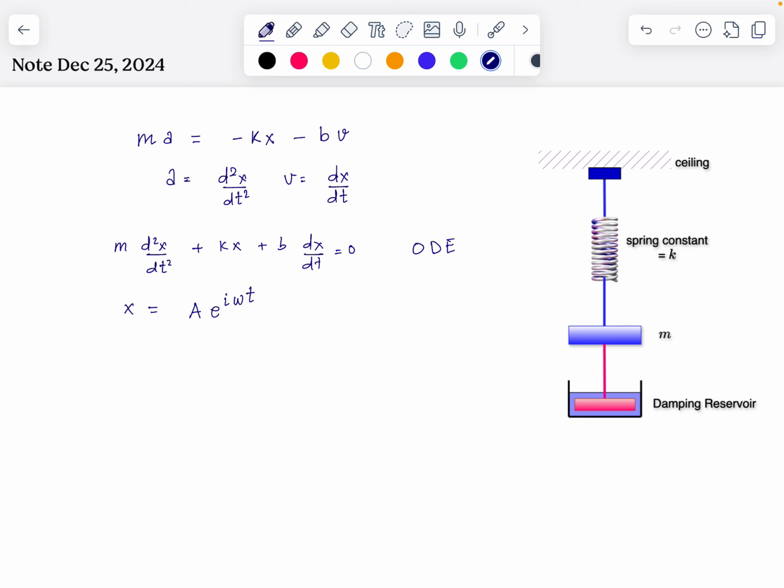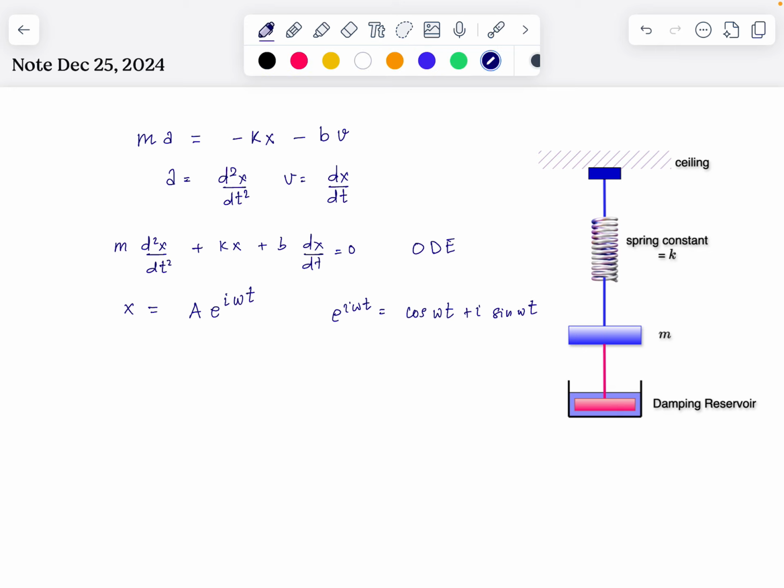So e to the power i omega t is essentially equal to cosine of omega t plus i times sine of omega t, where i is the square root of minus 1. Essentially, both the real and the imaginary parts are solutions to this equation.